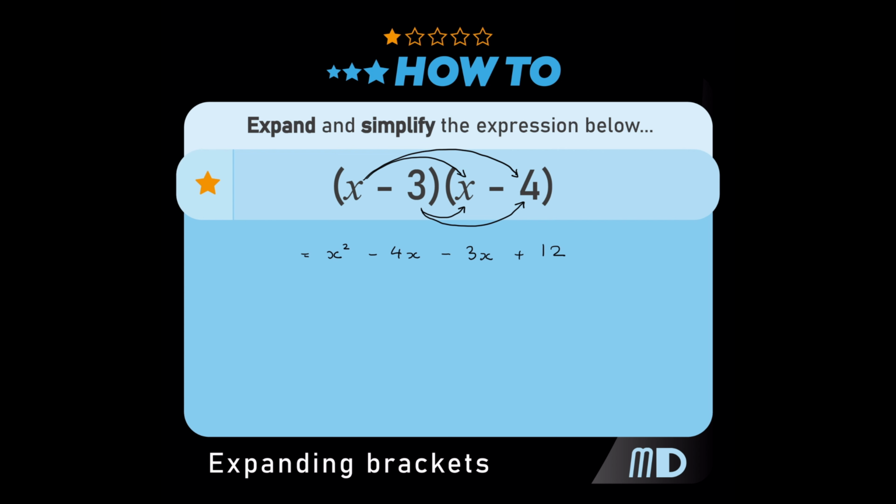The expanded expression is therefore x squared minus 4x minus 3x plus 12, and minus 4x minus 3x is equal to minus 7x. So the simplified expression is x squared minus 7x plus 12.